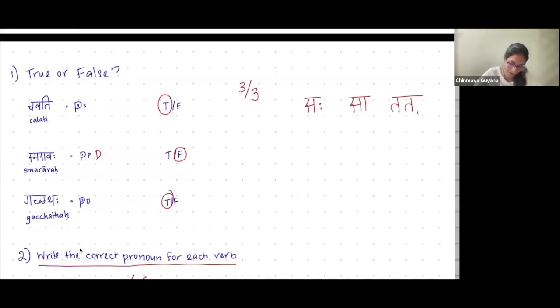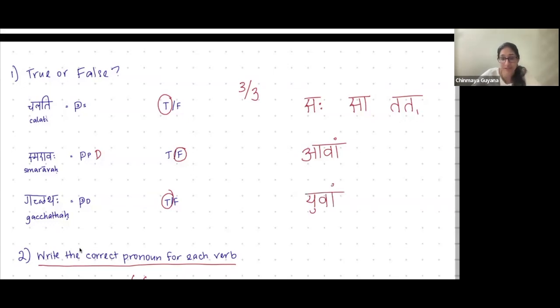Then smaravaha, the correct pronoun for smaravaha is avam. And then gachataha, the correct one will be yavam.